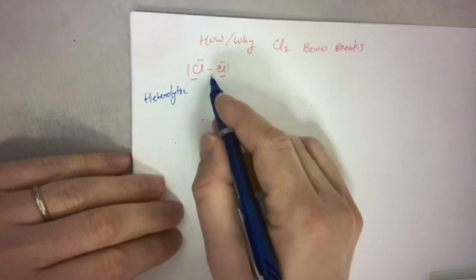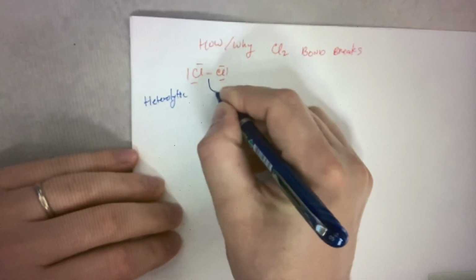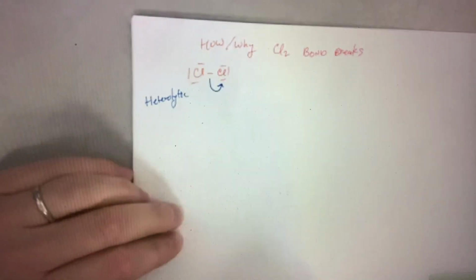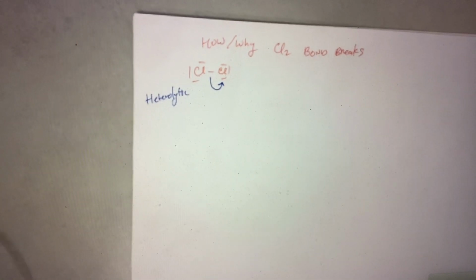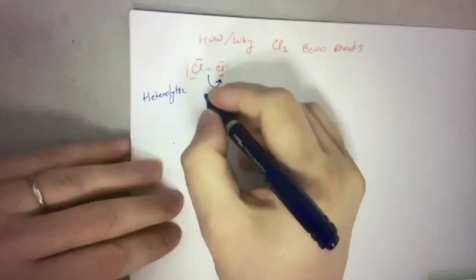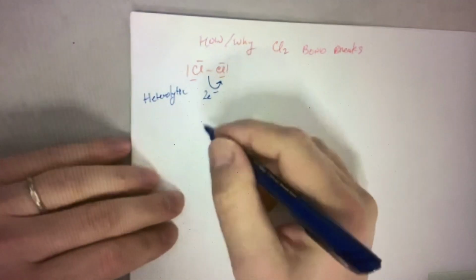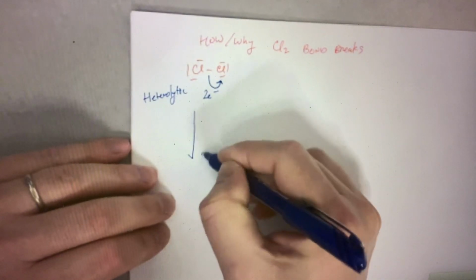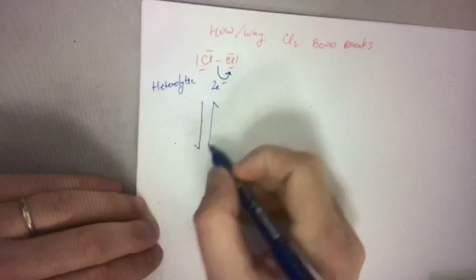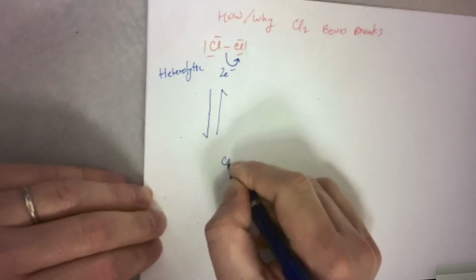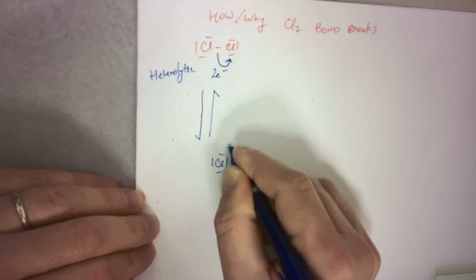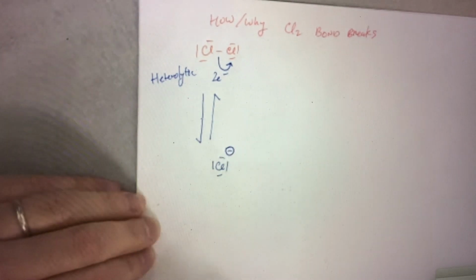Let's imagine that we heat this thing and the bond breaks using our double fishhook arrow, the way that we've been pushing electrons in acid-base chemistry. This means moving two electrons. And if we drew the result of this, it's going to be an equilibrium process. We break this bond, we give two electrons to the chlorine on one side. That's what we would get.